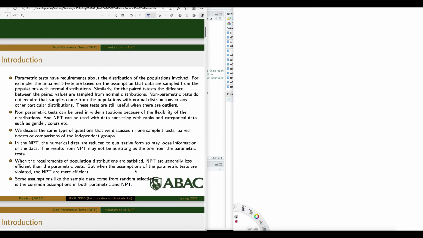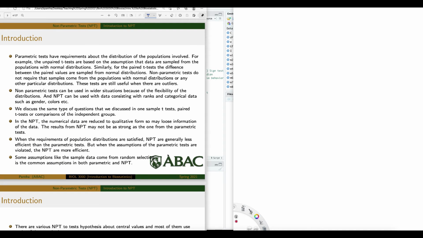So the parametric tests have requirements about the distribution of the population involved. For example, the unpaired t-tests are based on the assumption that the data are sampled from populations with normal distributions. Similarly, for the paired t-test, the differences between the paired values are sampled from normal distributions.